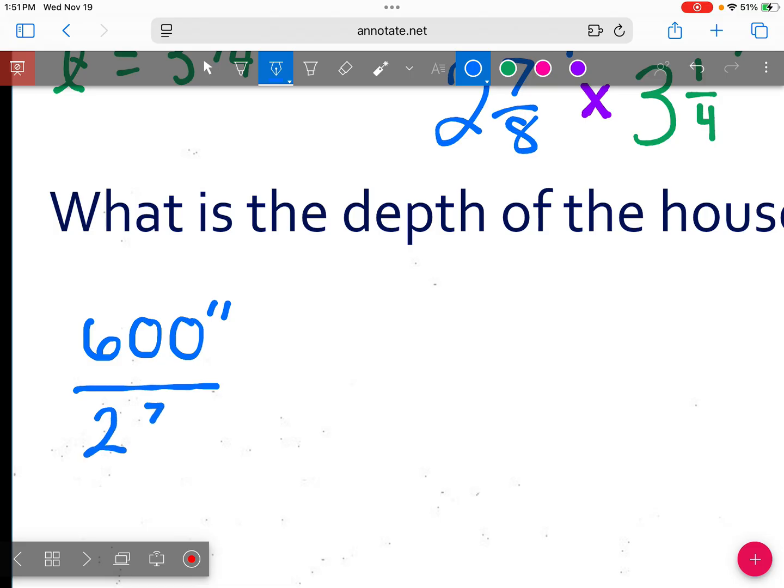That is how we drew this picture. 2 7/8 inches. I want to know what number needs to be on the top here. This is what we're trying to figure out. This is what we don't know, the real world inches for my 3 1/4 inches.